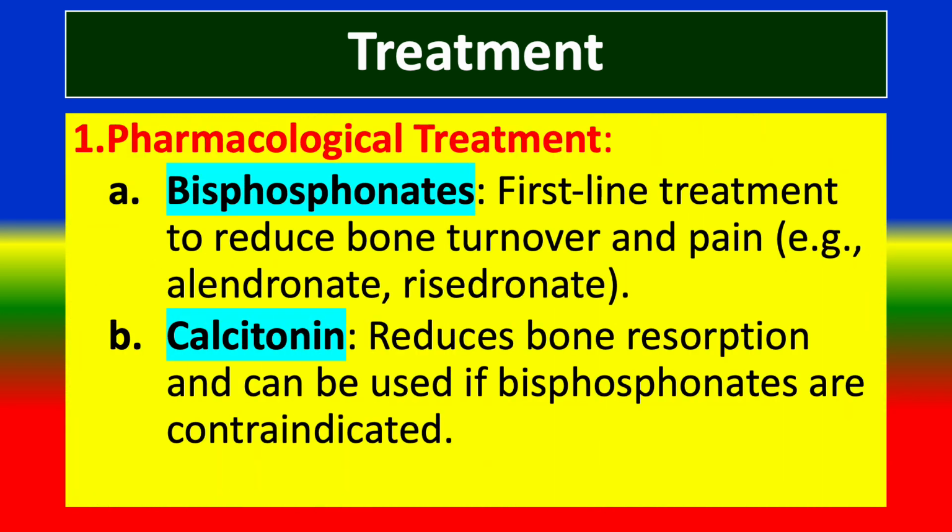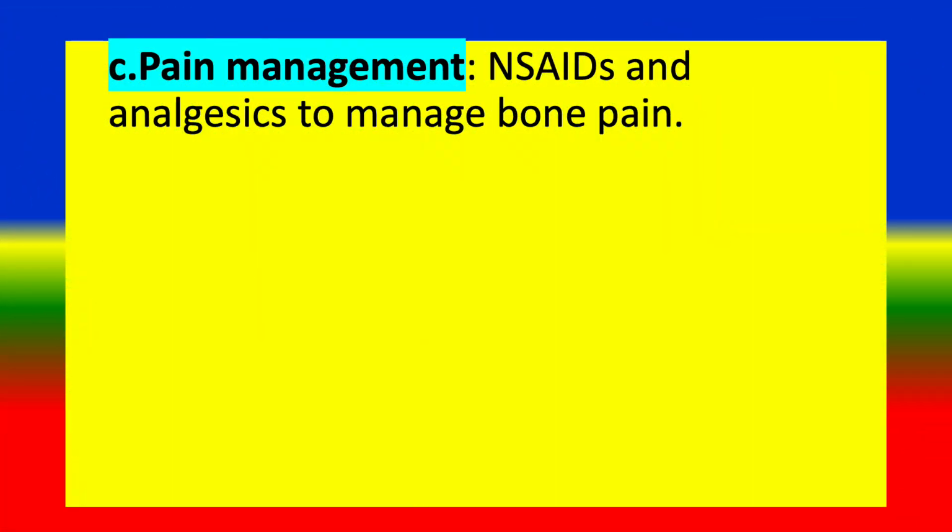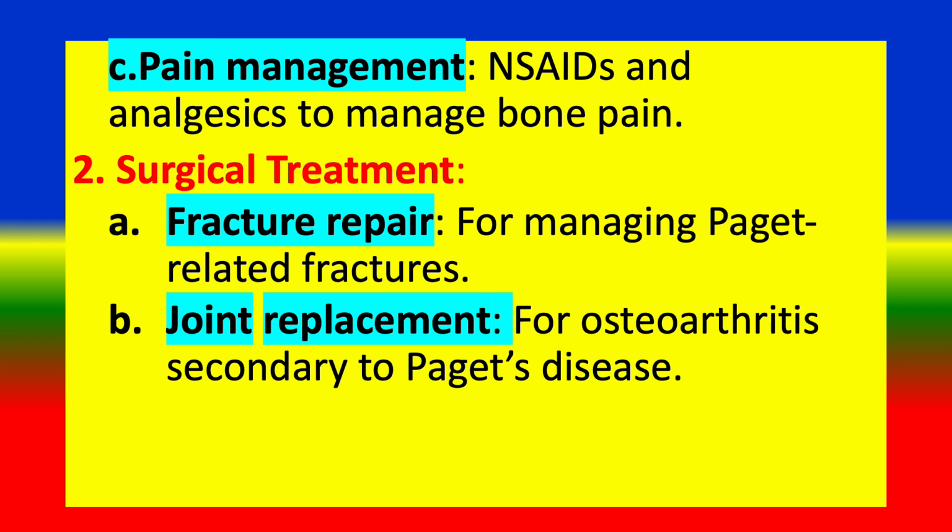Treatment. 1. Pharmacological treatment. A. Bisphosphonates. First line treatment to reduce bone turnover and pain. B. Calcitonin reduces bone resorption and can be used if bisphosphonates are contraindicated. C. Pain management. NSAIDs and analgesics to manage bone pain. 2.